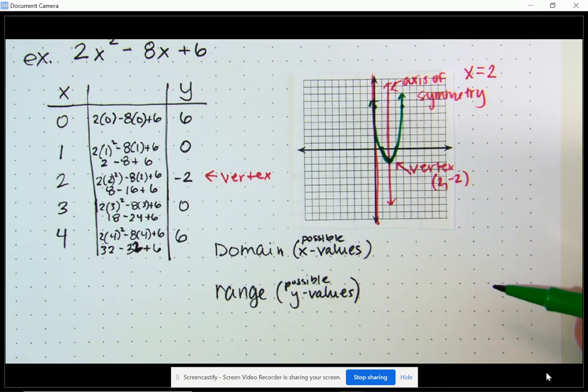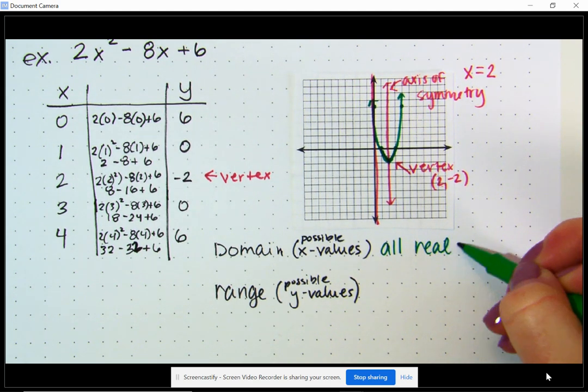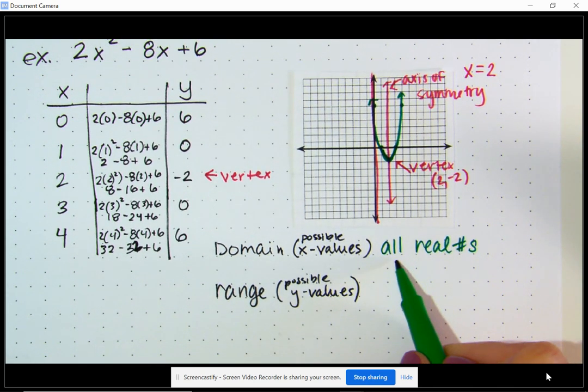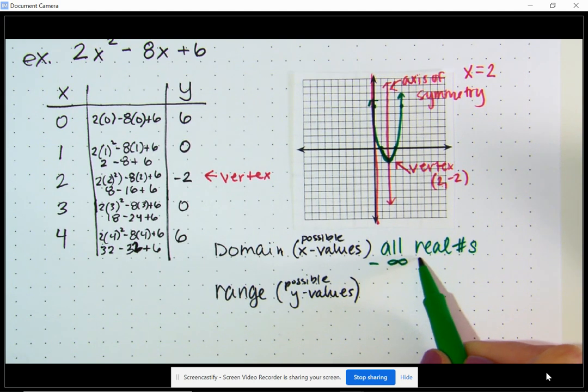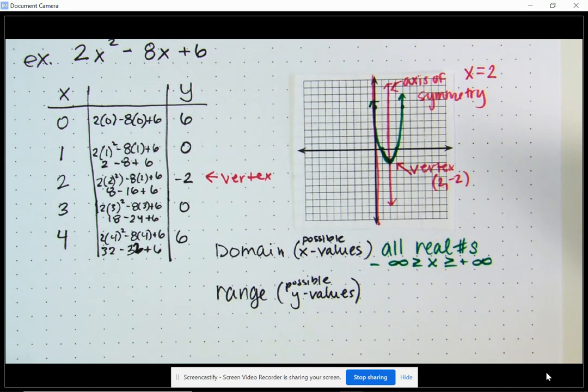So we want to say all real numbers. Okay, and all real numbers includes negative infinity to positive infinity. Okay, that's also an option.